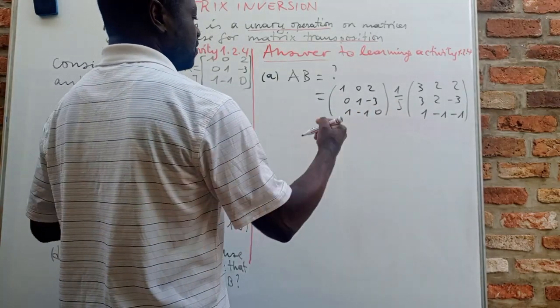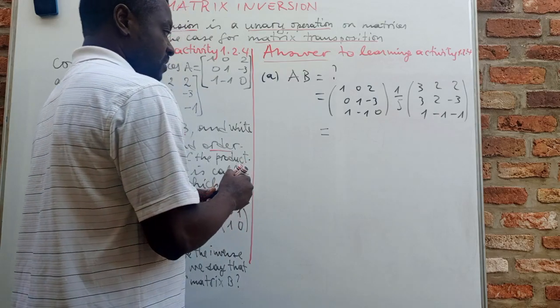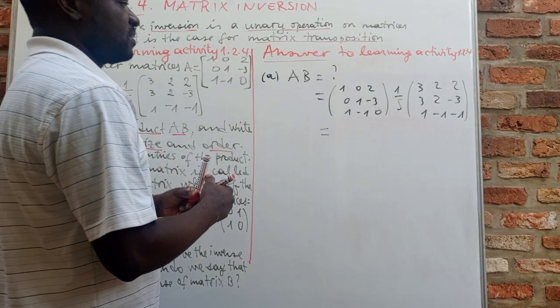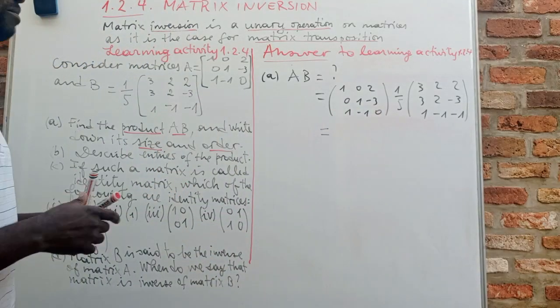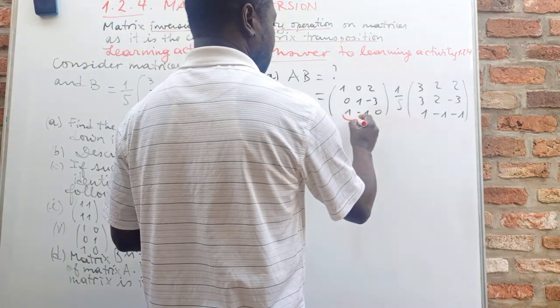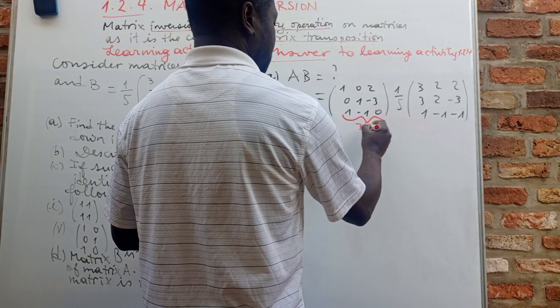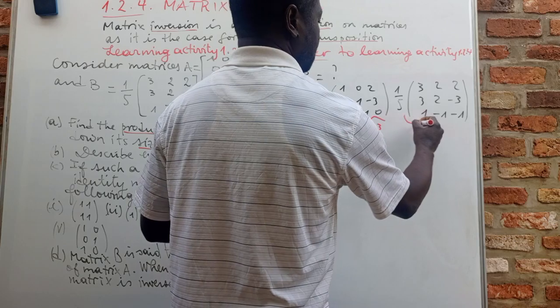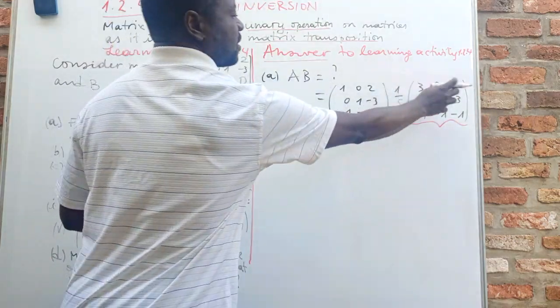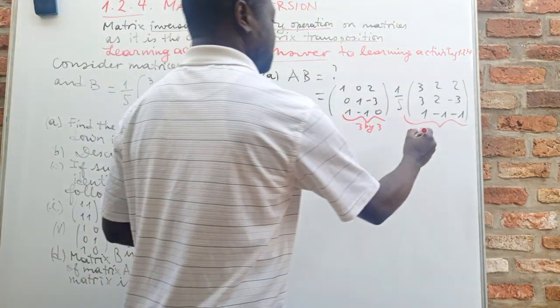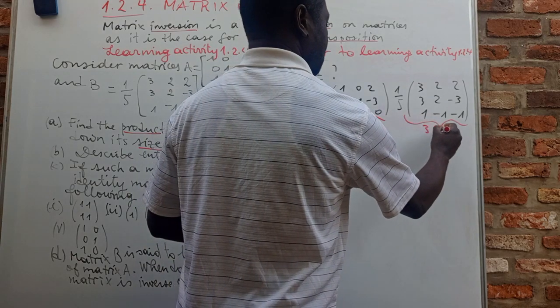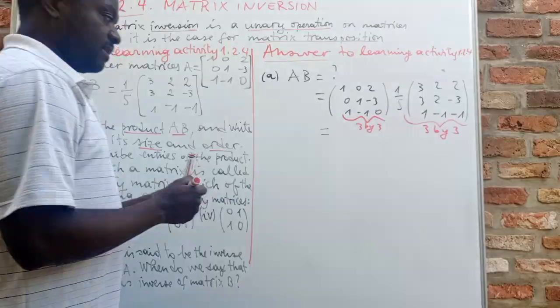But before we do so, let us see the size of these matrices and find out if the product is possible. This is a 3 by 3 matrix, and obviously the scalar multiplication will also be a 3 by 3 matrix.